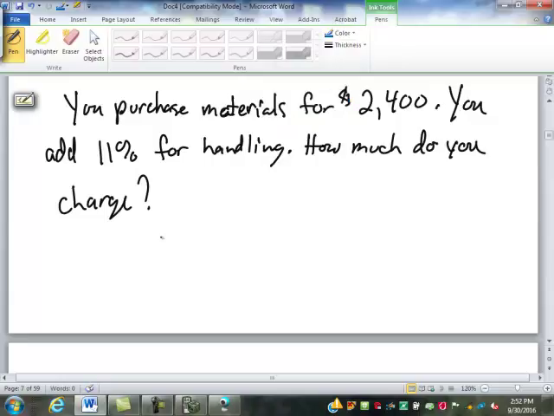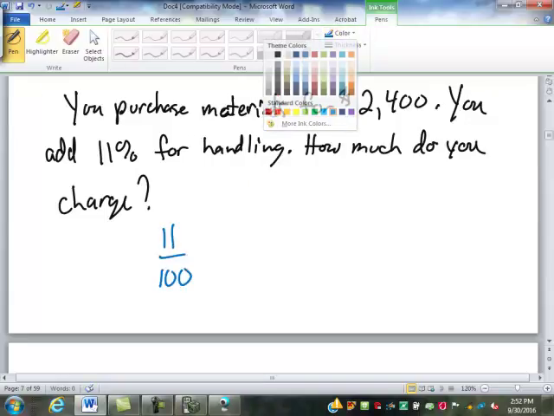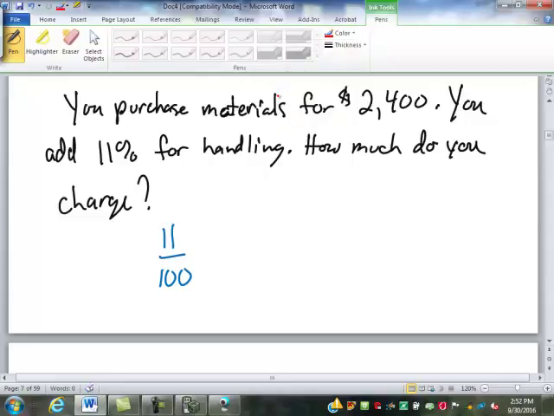So there's 11% here, 11 out of 100. What does the 11 represent, the 11%? The amount you're going to add, right? You add 11%. That's what you're going to add if you want to add for handling or however you want to describe it.